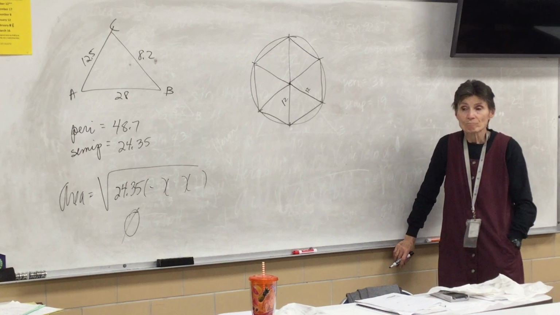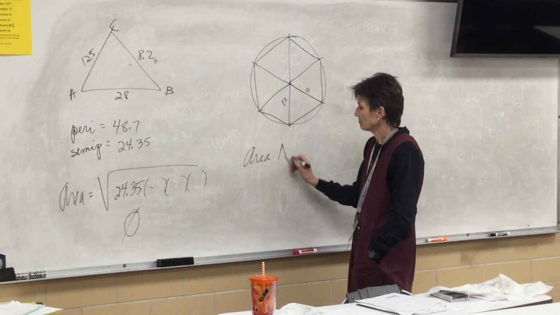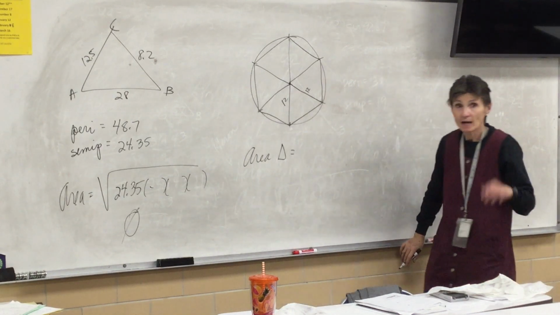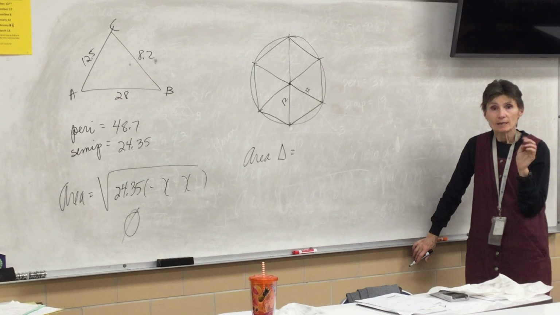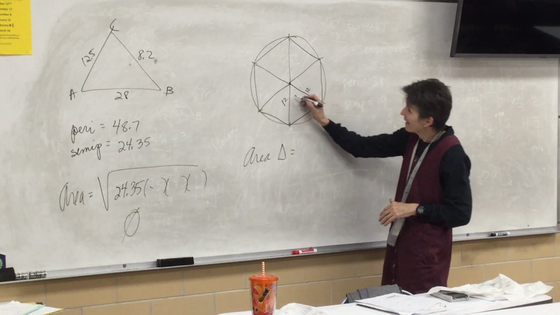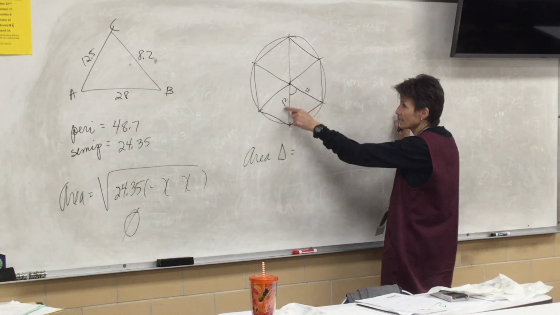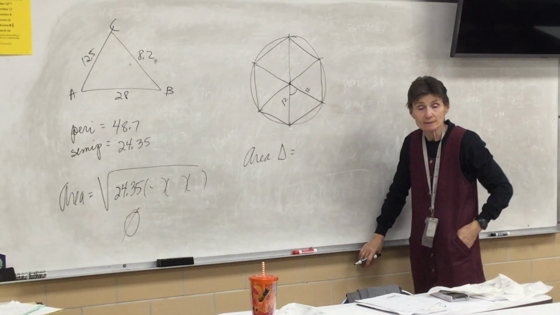Agreed? So I need the area of the triangle. Well, we've got a new formula that says area is 1/2 side side sine of included angle. So if I had this angle, right there, everything would be perfect.